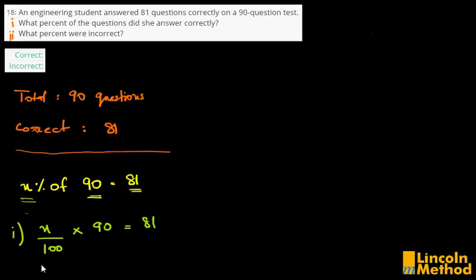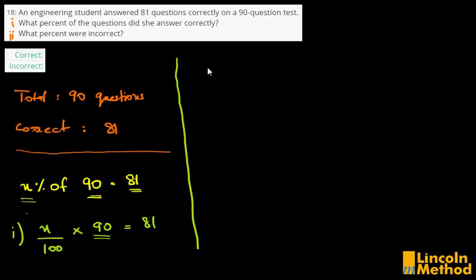What this is really saying is that X parts out of 100 of this total amount equals 81. We don't know what that number of parts is, and that is exactly what we need to find. So let's solve this further and see what we get as an answer for X.